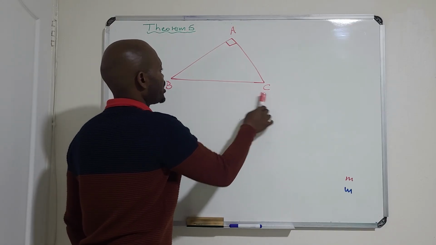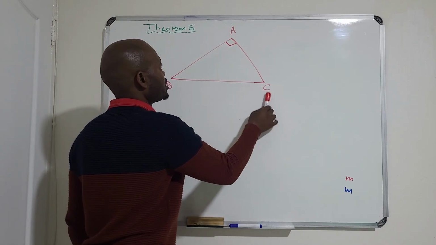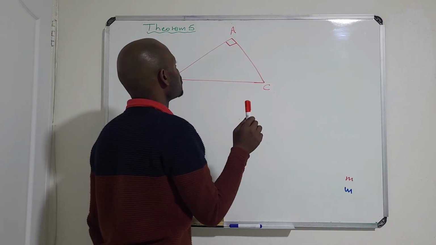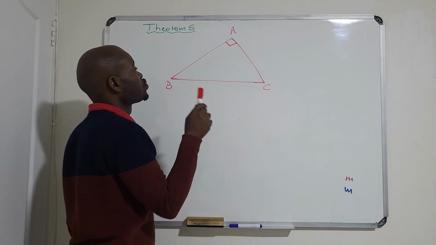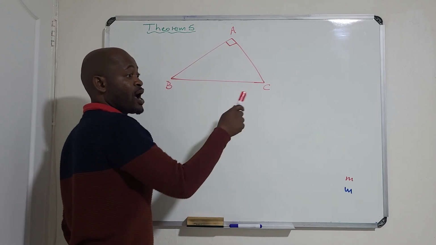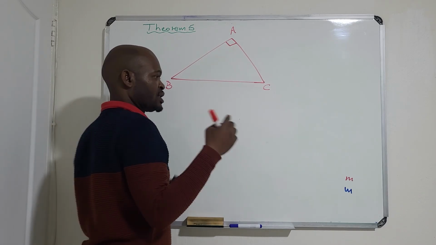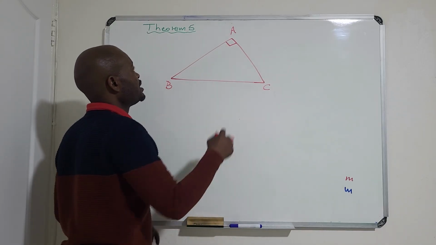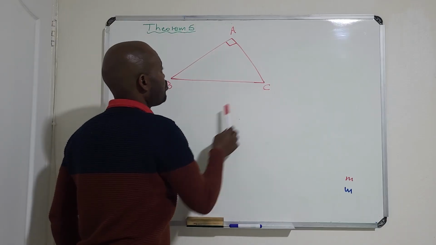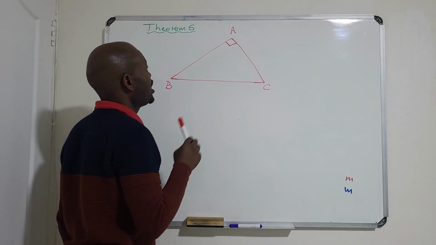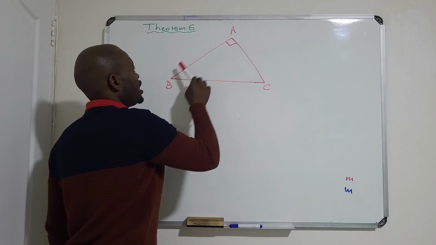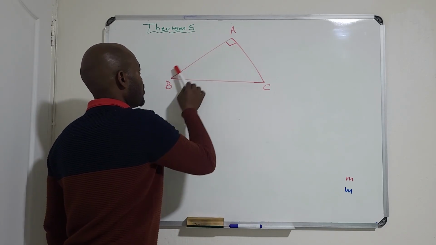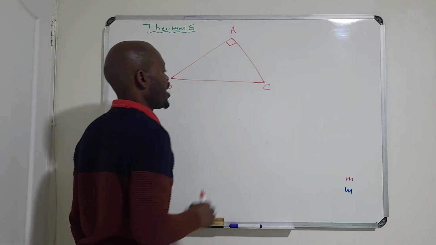Therefore, the square of the longest side, or the square of the hypotenuse, is equal to the sum of the squares, the sum meaning adding. So the square of the hypotenuse is equal to the sum of the squares of the other two sides. The square of this is equal to the square of this plus the square of that.